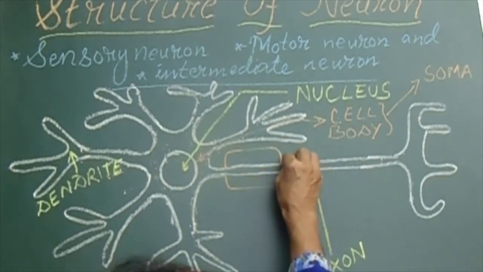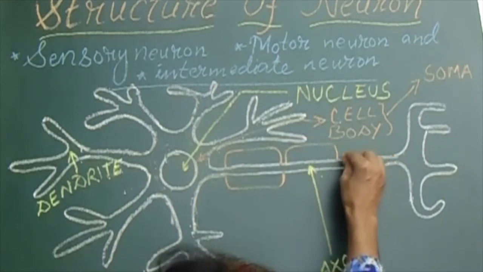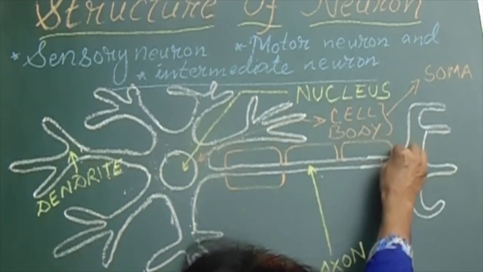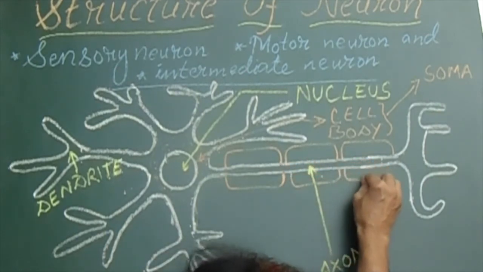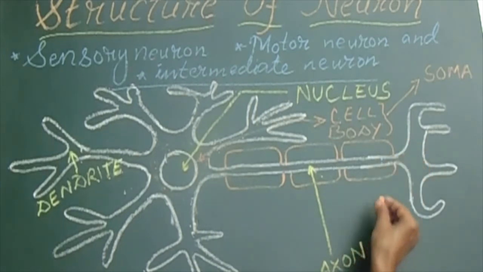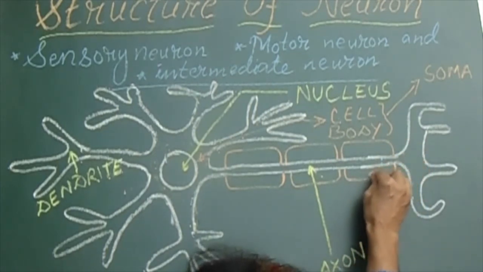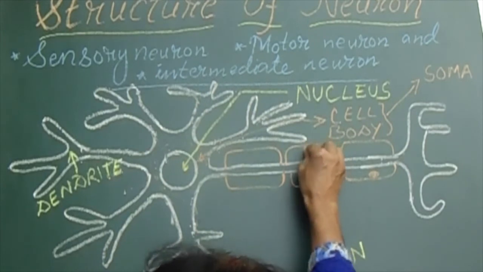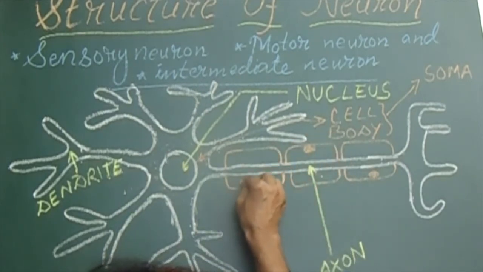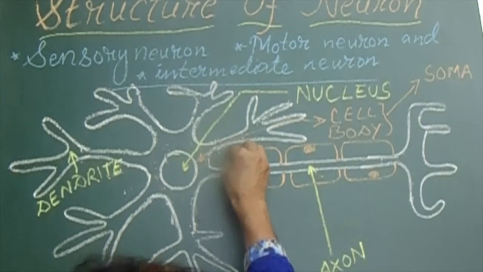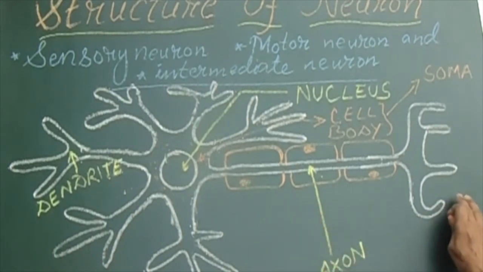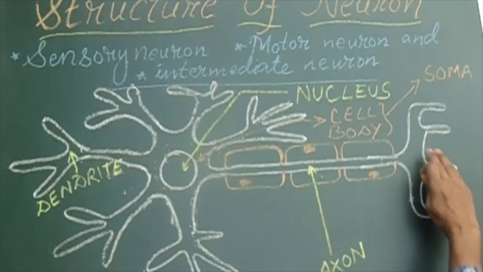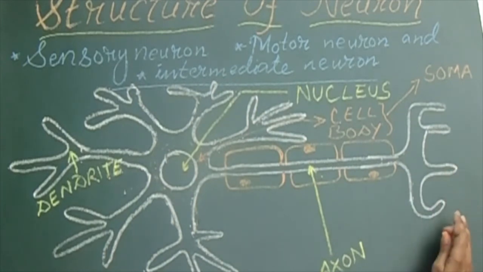In your SSLC book, it is not given myelin sheath, but these protective regions are called myelin sheaths. Now each myelin sheath has a nucleus present in it. So this is the easy structure of neuron. Now at the end part of this, again you will find some root-like structures.